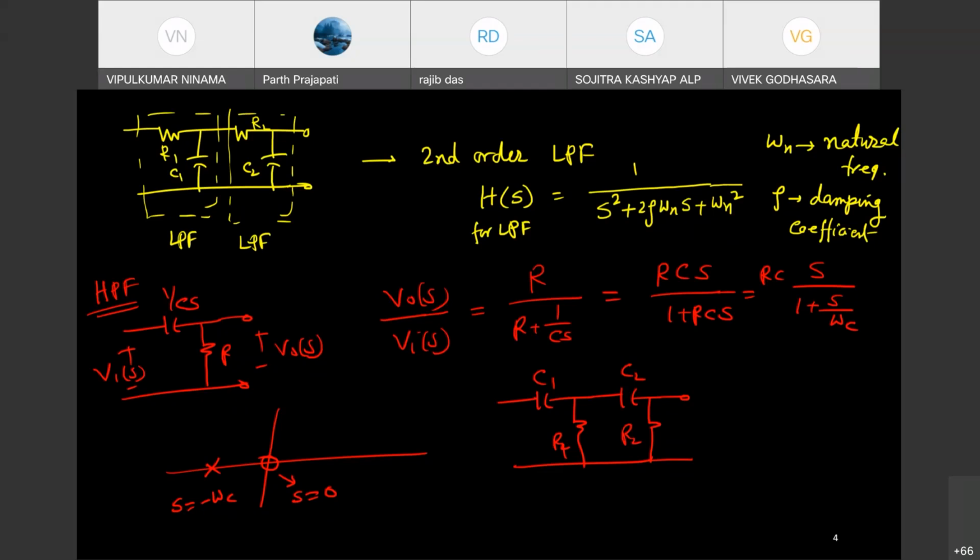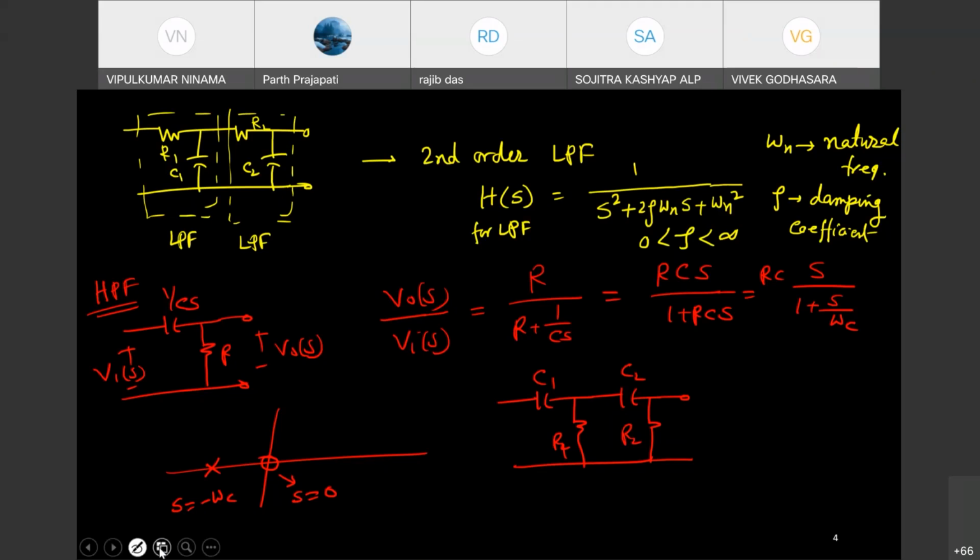Otherwise, if zeta is less than 1 and up to 0, so zeta is generally within 0 to infinity, 0 to 1 is in the complex plane, and 1 to infinity will be on the real axis. And zeta equal to 1, you will get exactly equal roots. Those things will be discussed in detail in control systems, but here is just an introduction.